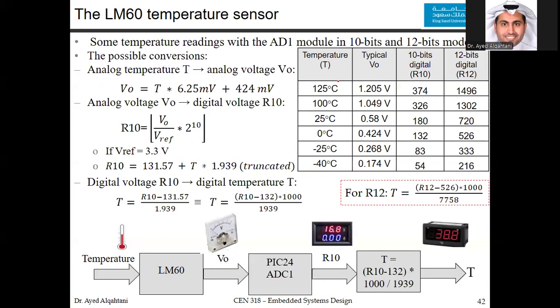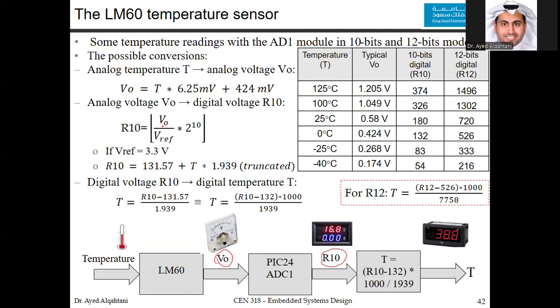Now, next, we continue this table. We already found the temperature and the V naught based on this equation. Now, it's the job of the ADC to convert this V naught to a digital code. For this, we make a choice to use 10 bits, and we call the code R10. The ADC will generate this for us in the buffer. We don't have to do the calculation in the code, but we know the mathematics behind it.